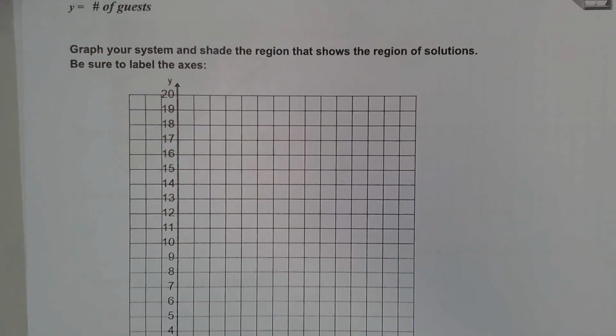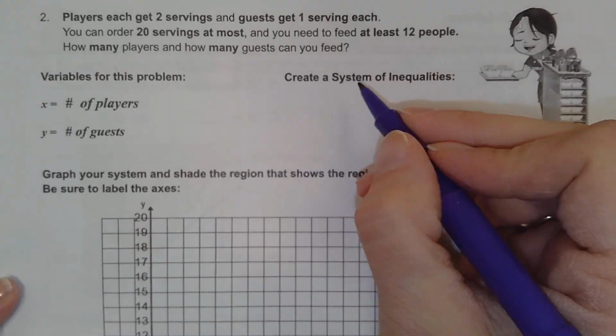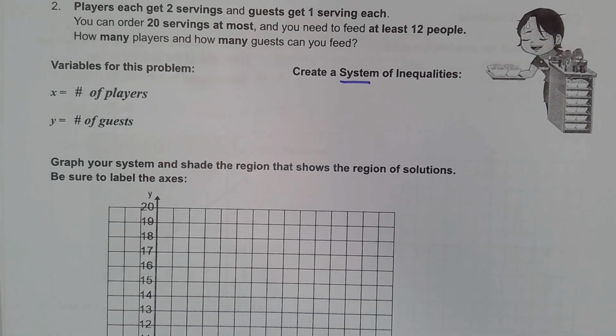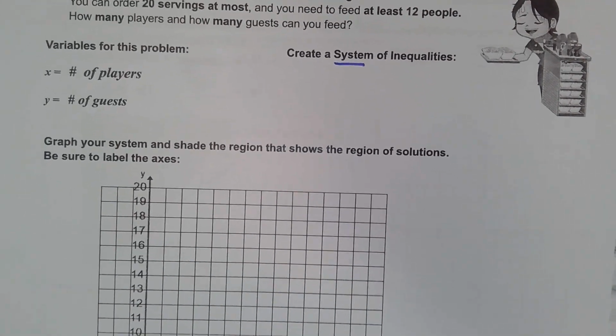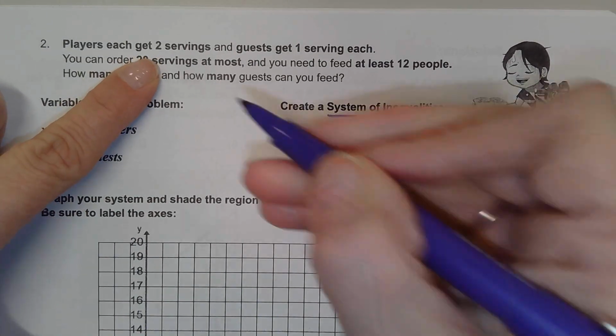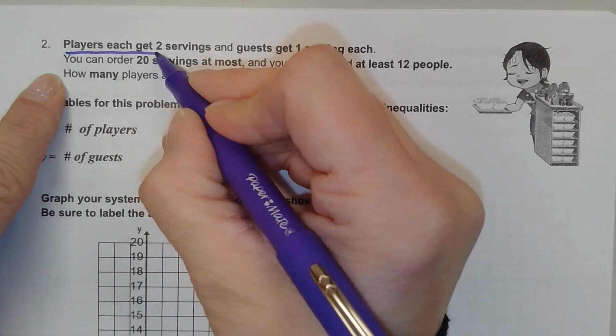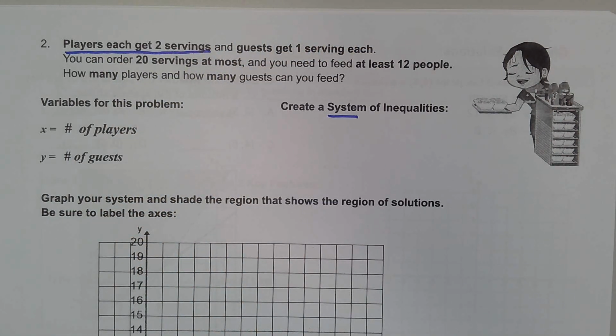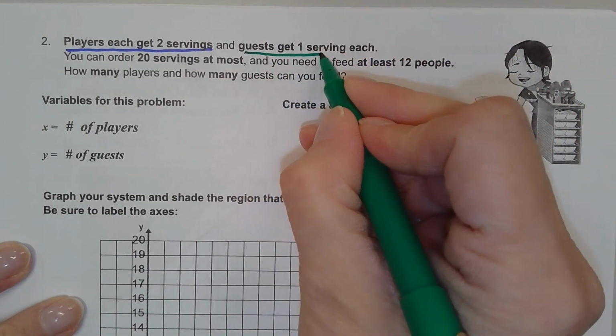Let's do a story. Now we're going to do a system of inequalities. That means we have to write 2 of them. Players each get 2 servings, and guests get 1 serving.